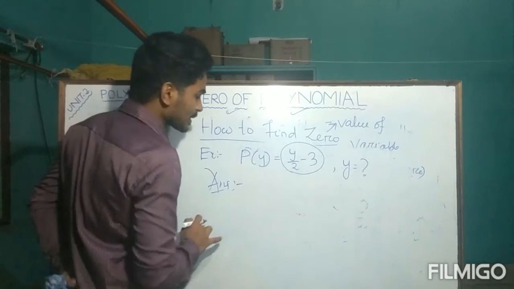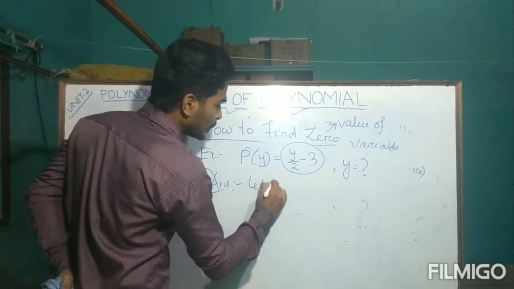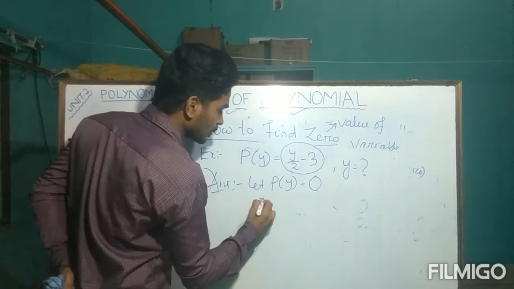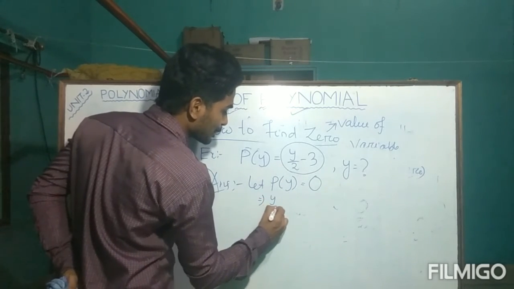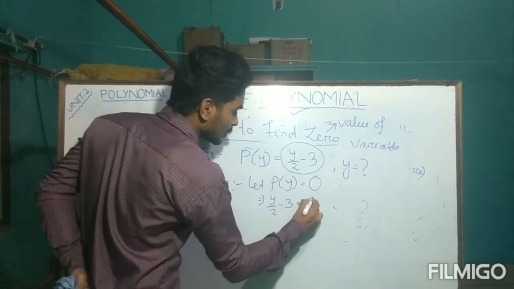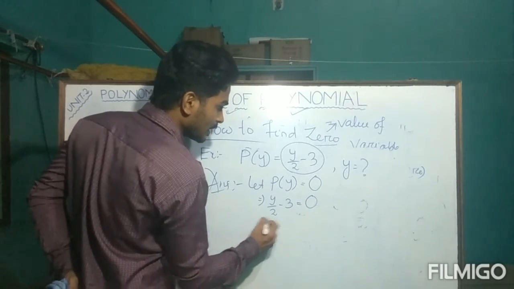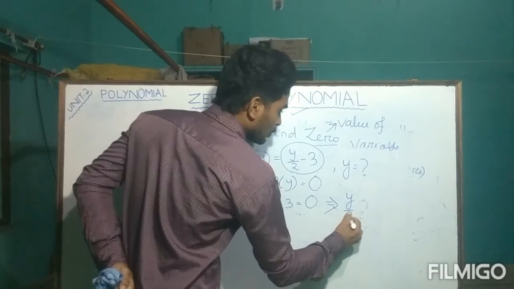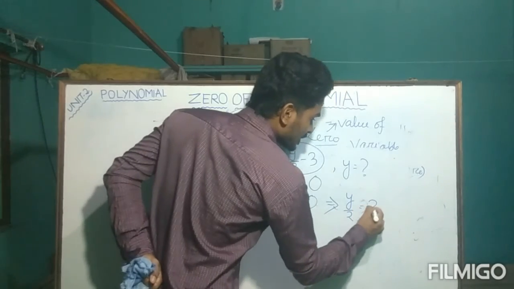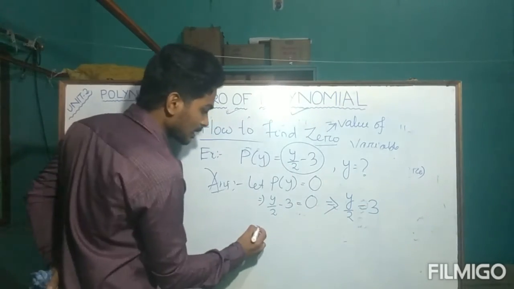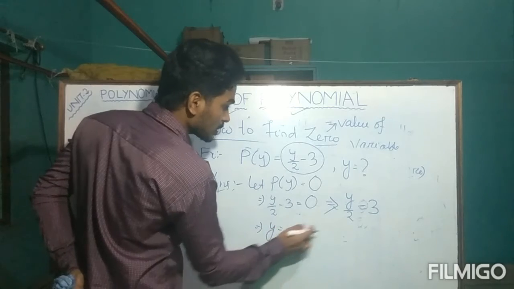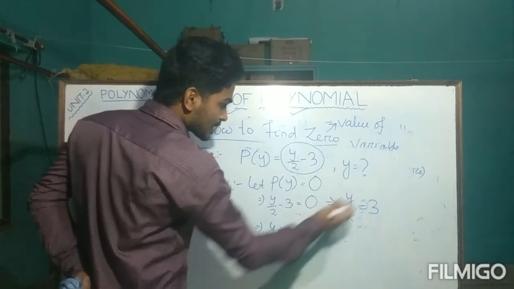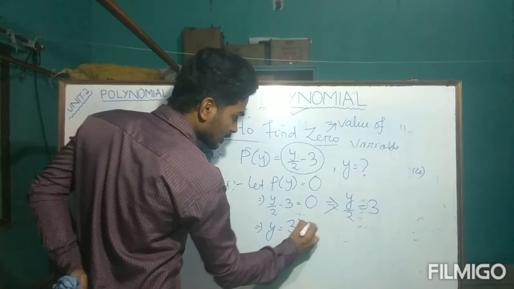Similar to the previous example, we put p of y is equal to 0. So in the place of p of y, we write y by 2 minus 3 is equal to 0. Clear? Then y by 2 minus 3, when 3 goes to the right, it will be plus 3. Then y will be how much? 2 becomes division here, and when it goes to the right side, it will be multiplication.